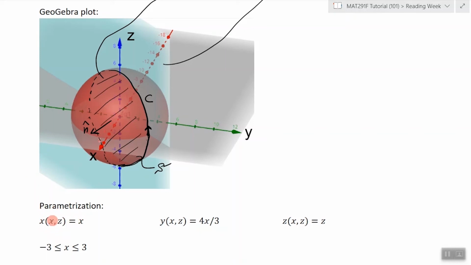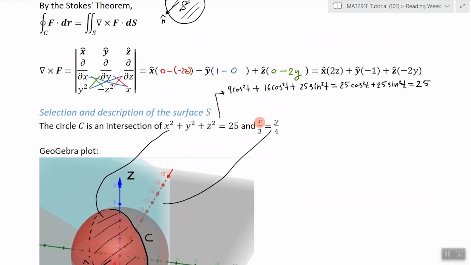So you could write u and v. I like to write out what those variables actually mean. So it's just parameterization in terms of x. x would just be equal to x. y would be equal to 4x over 3, which I got by rearranging this one.